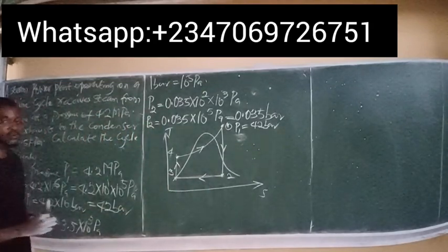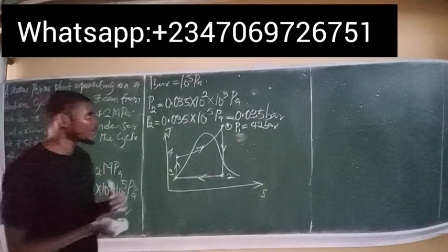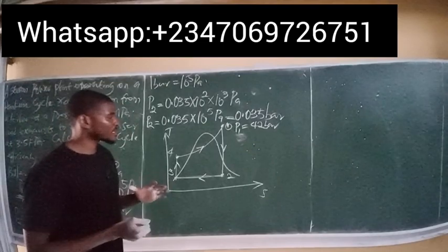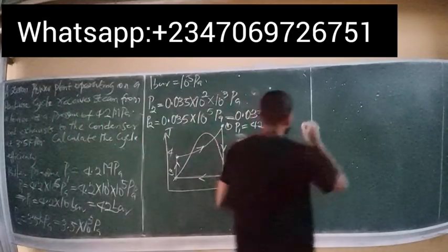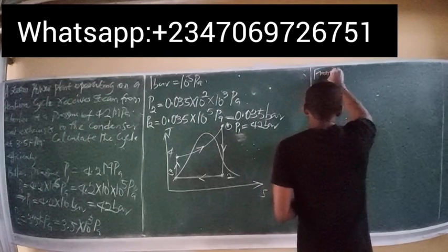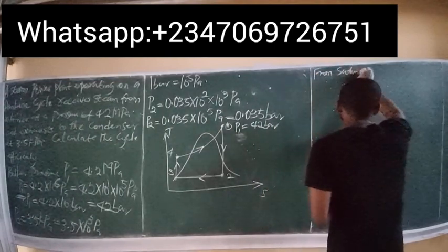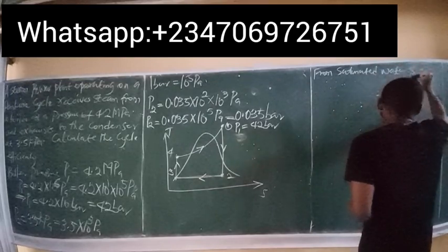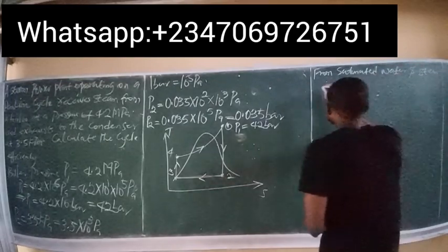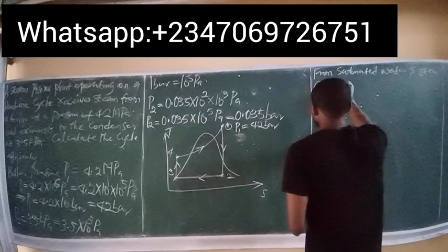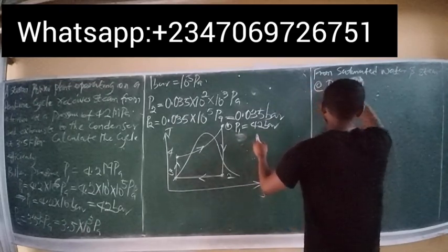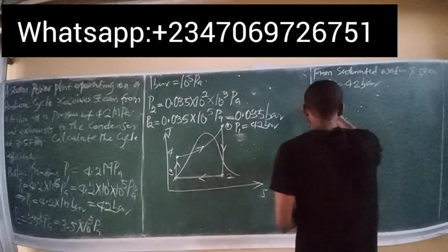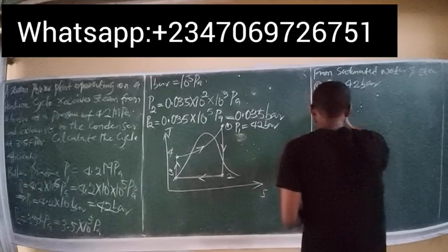All right, since we weren't given temperature, it means we are going to work with the saturated water and steam table. From the saturated water and steam table, corresponding to the boiler pressure, P1 equal to 42 bar, we obtain H1, and H1 is equal to Hg.